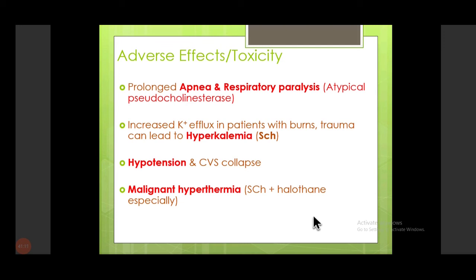Because these drugs are skeletal muscle relaxants, and considering a person has atypical pseudocholinesterase, that is pseudocholinesterase which is not able to metabolize succinylcholine, succinylcholine would be present at the receptor sites for a considerably long time. This is genetically determined, and in most cases the apnea and respiratory paralysis would extend to approximately 1 hour.